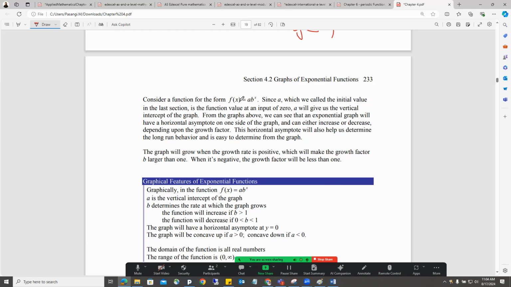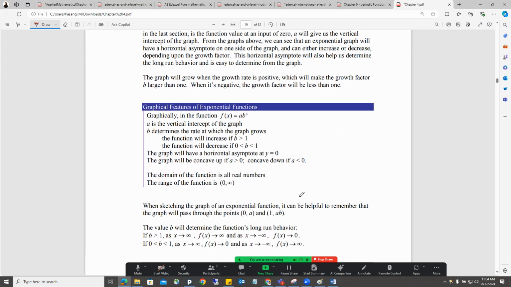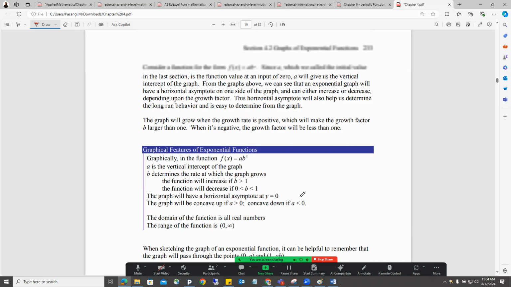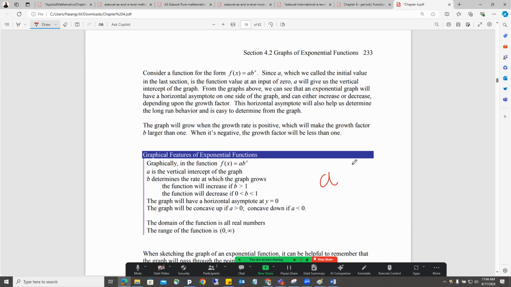Okay, and then consider a function of the form ab to the power of x. Our task is, we had the exponential growth function, a times 1 plus r to the power of x. This was our exponential growth equation.